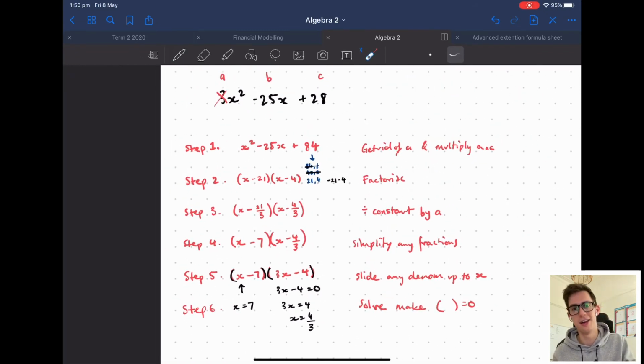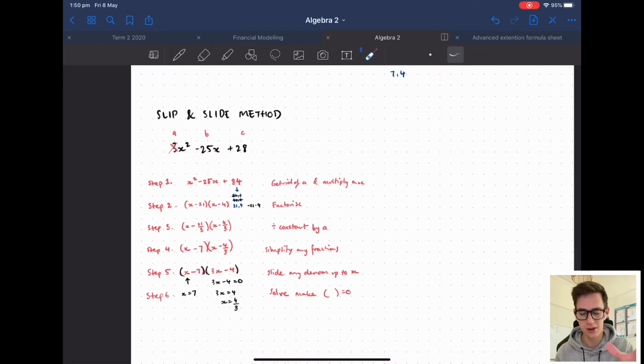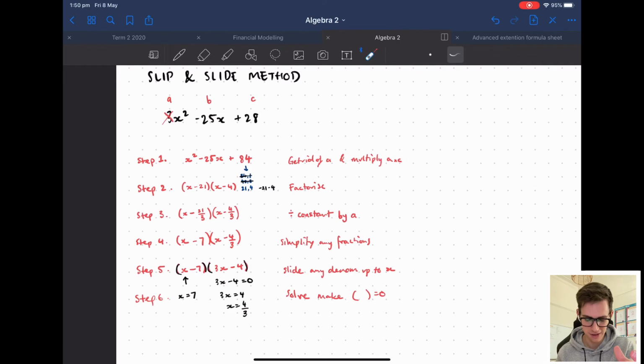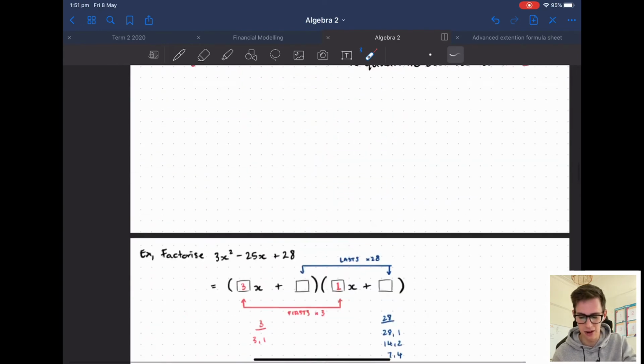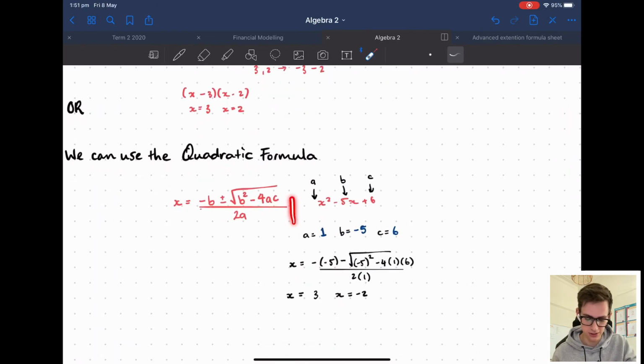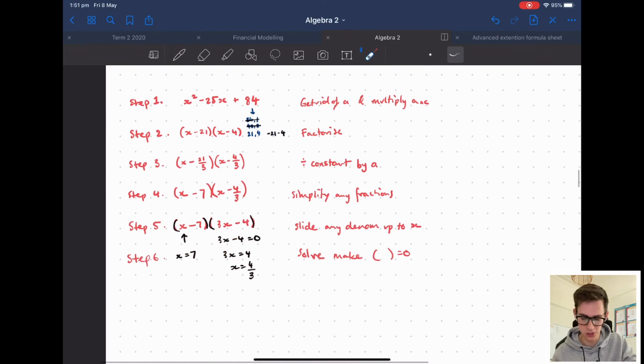Now, again, I know you're probably freaking out, but you don't necessarily need to have this. It is the nicest version I can think of for doing non-monic factorization. There it is, we've done it. Okay, we're gonna go through a couple more examples, but if you ever just needed to find the x values, you can always use this quadratic formula that's given to you on your reference sheet.